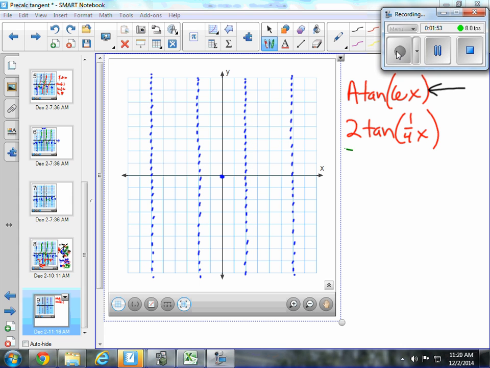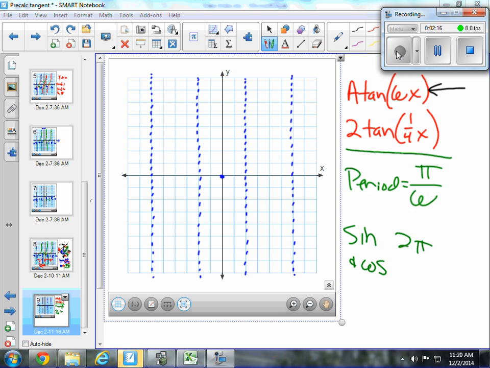Well, the period of this function that I'm trying to graph, I can define the period of a tangent function by going period is equal to pi over omega. Now, I know when we were doing sine and cosine, it was 2 pi over omega. But that's because the period of sine and cosine is 2 pi.